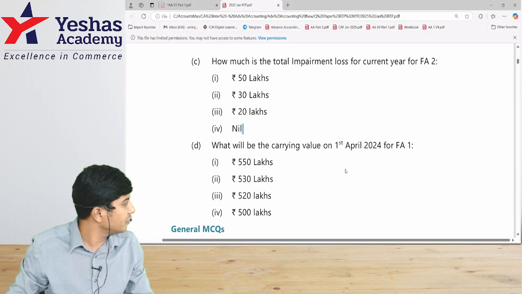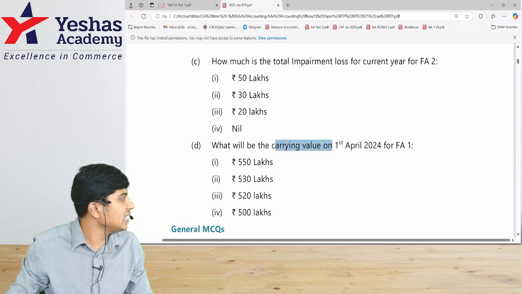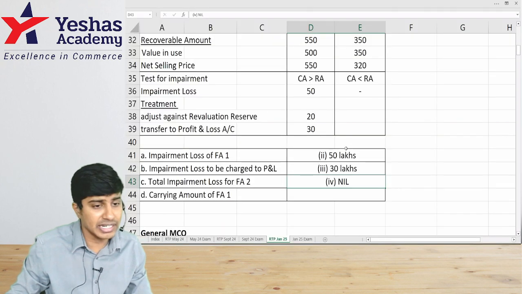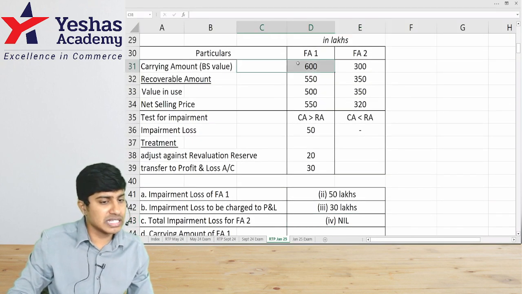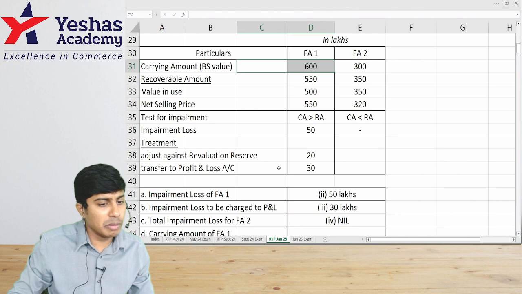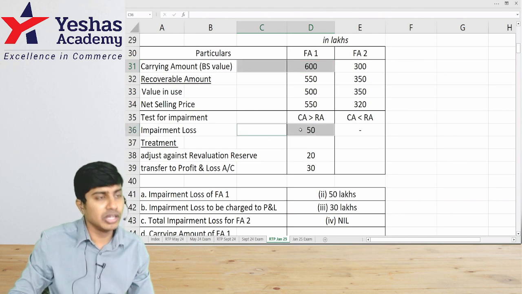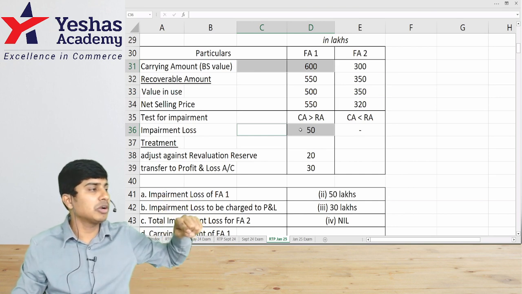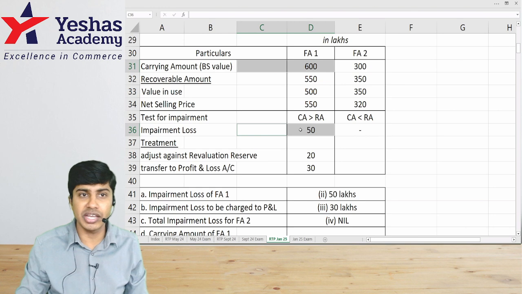Lastly, we have one question which says, what will be the carrying value on 1st April 2024 for FA1? Carrying value for 1st of April 2024 for the asset is its original cost was 600. Now we are going to book impairment loss of 50. There is no goodwill. If there was goodwill, I would have adjusted that impairment loss against goodwill before adjusting against asset.